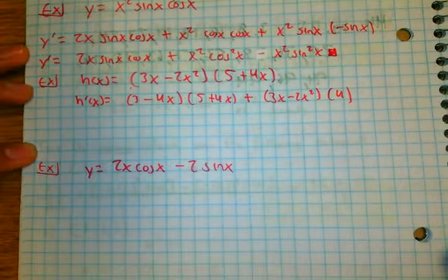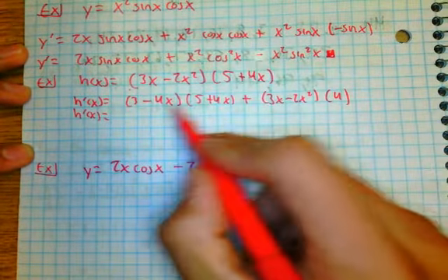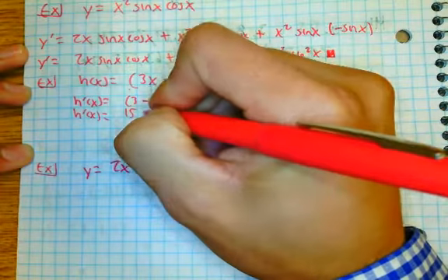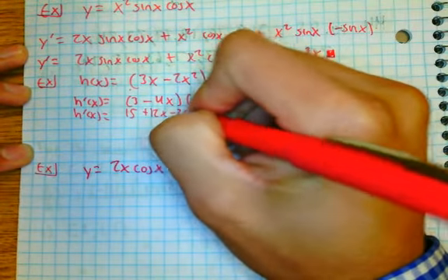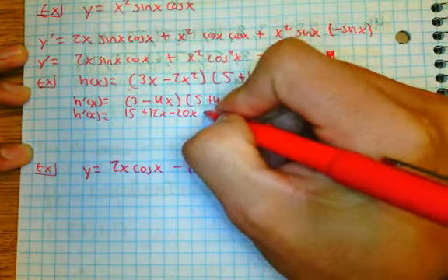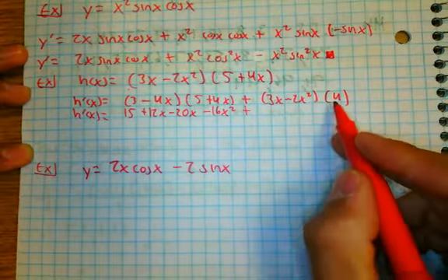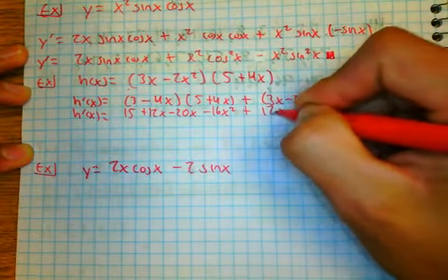We're going to simplify this thing out. 5 times 3 is 15. 4 times 3 is 12. 5 times 4 is negative 20 in this case. Negative 16x squared. Plus 4 times 3, that's 12x. Minus 8x squared.